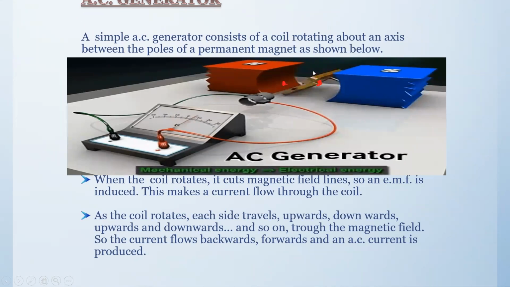That's why the direction of the current is also changing. First A was moving near north, now it is moving towards south. And B was near south, now it is moving towards north. That's why the direction of the current changes. So rotation of a wire produces a change in the magnetic field, and a change in magnetic field produces current.